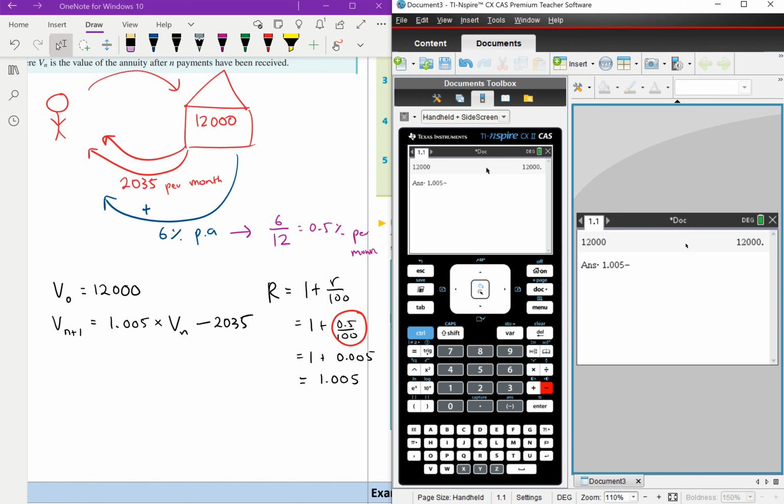But remember, they're also repaying you your $2,035 because you left the $12,000 with them. So you're reducing the 12,000 over time, and that means now the bank has only $10,025 left to continually give back to you.